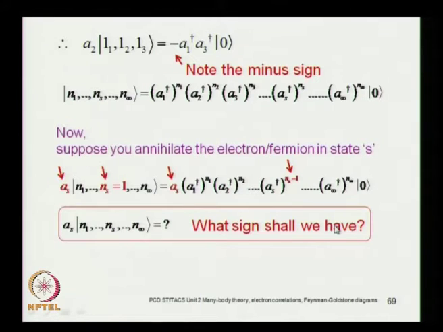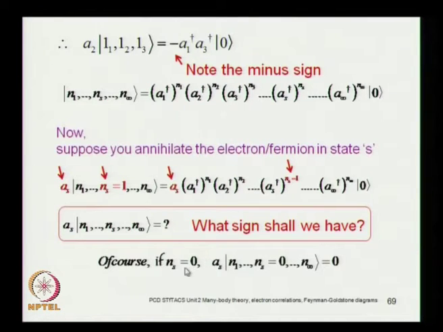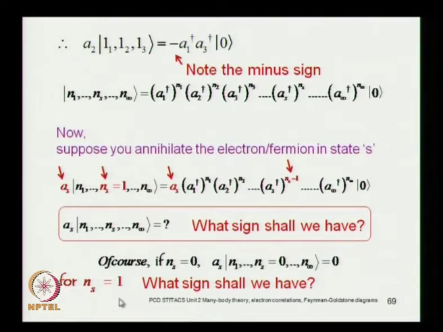Okay. So what is the sign that you should get? So let us see how you get the correct sign, because you already know that if N_S is equal to 0, you will get 0, because you will get the number 0, not the vacuum state, right. And if N_S is equal to 1, that is the question that we have now raised as to what is the sign that we will get.